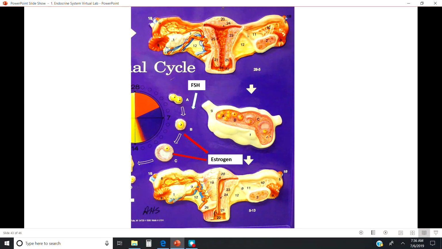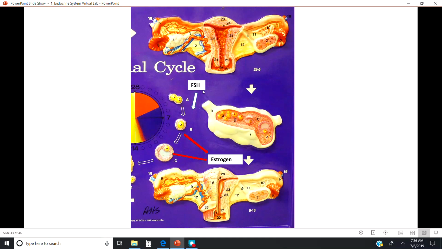If you were to look at the inner part of the uterus here, this red represents the tissue and bleeding occurring between day 28 to say day 5 or day 6, the first week of the month. This flow occurs because pregnancy didn't happen the month before. So for 5 or 6 days, we're going to get this type of bleeding.